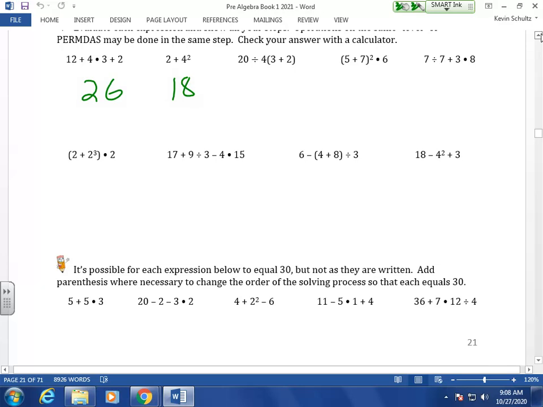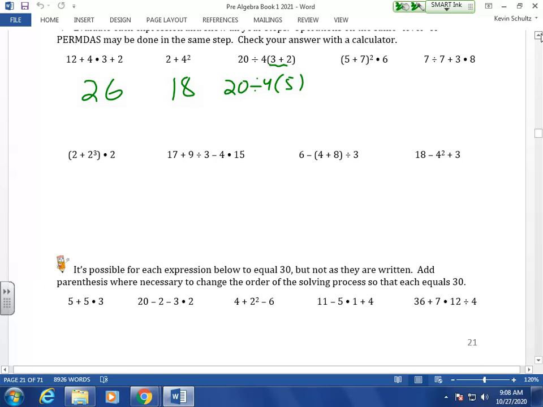This third one here, I don't think we did it together, but it's one of those situations where we come across when the order of operations isn't followed exactly, right? You would do parentheses first, and that would leave you with 20 divided by 4, and then in parentheses still have 5. Maybe we did do this together. But anyway, since all we have left is multiplication and division, we would not do that multiplication first.